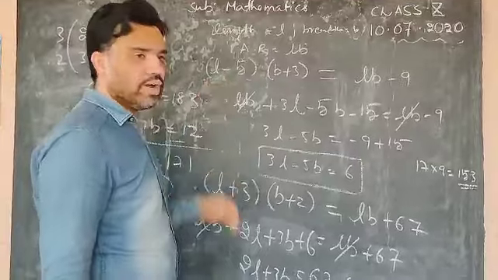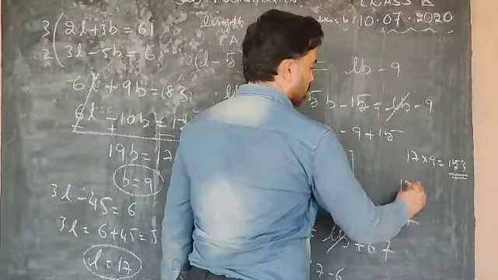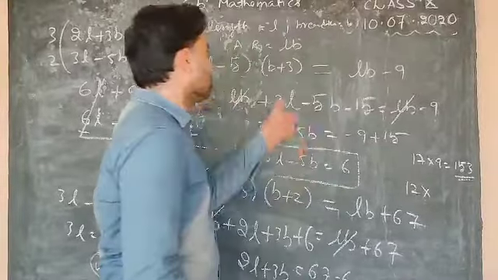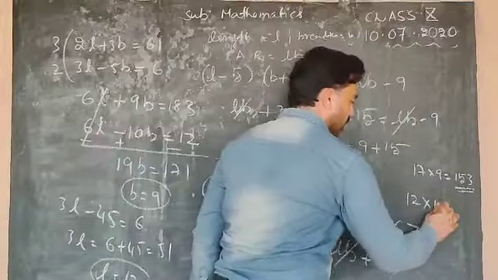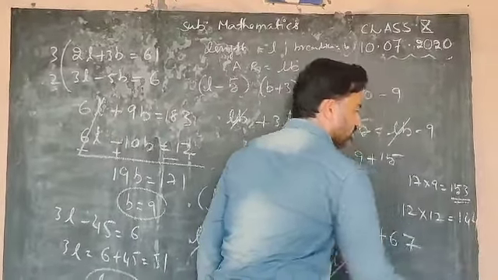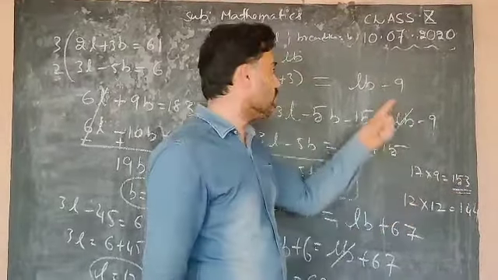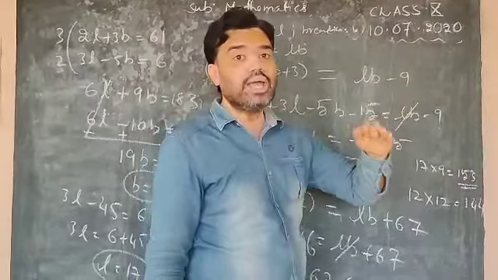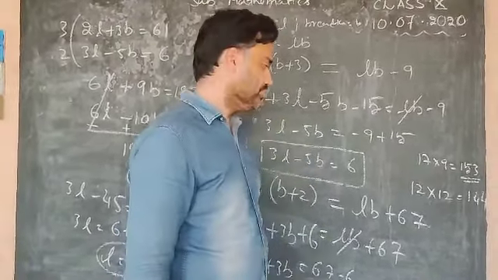Length is reduced by 5, means 17 minus 5. 17 minus 5 is how much, children? 12. Next, breadth is increased by 3, means 9 plus 3, 12. 12 12s are how much? 144. See, 153, 144. If you subtract, how much do you get? 9. That's what he is saying. So it is reduced by 9. In this way, we can check the answer. Okay, children?